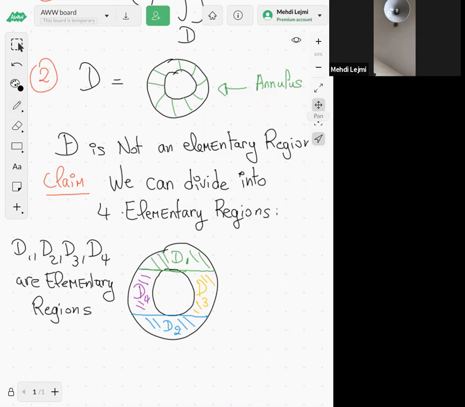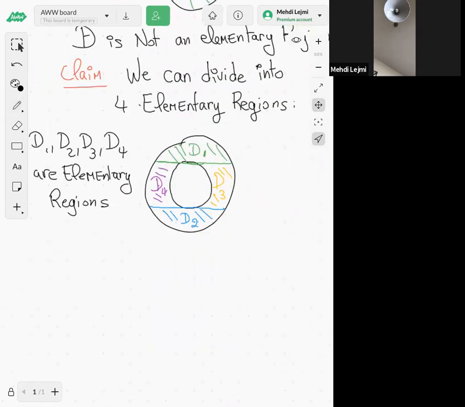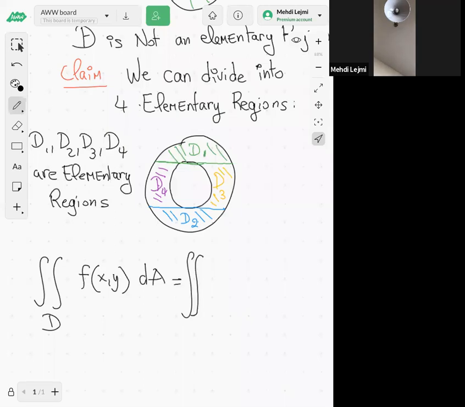So if you have some integral over D, say you have to integrate some function f of x, y over D, then what you can do is decompose this integral into the sum of 4 different integrals.